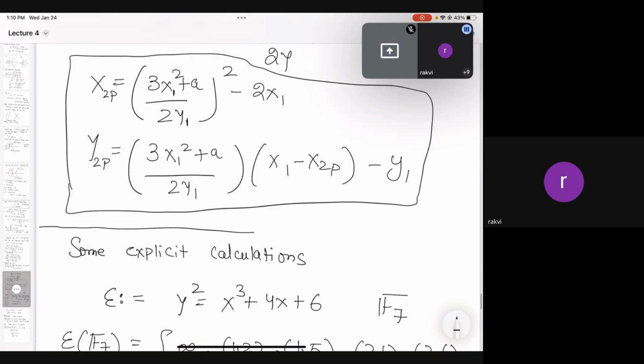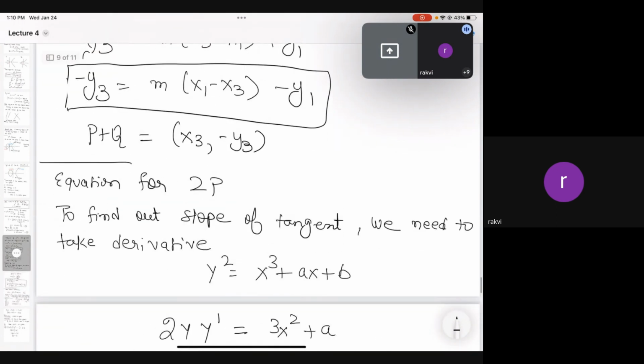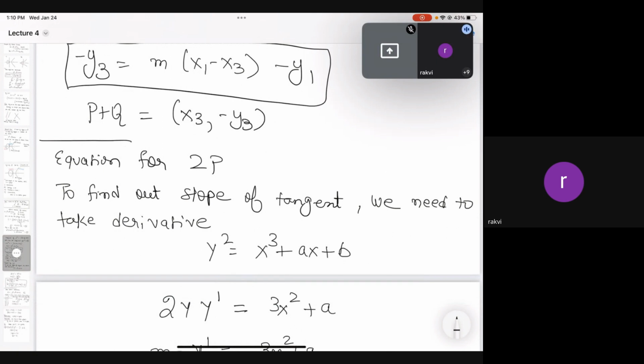Okay, we already have something called addition of points on elliptic curves, right? So you're talking about defining a new operation called multiplication, but this is just like addition. We are basically adding m to itself p number of times, and you want to call it p times m. Yeah, you can do that.